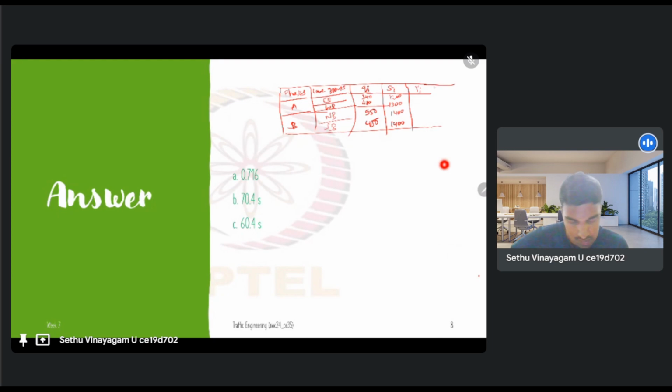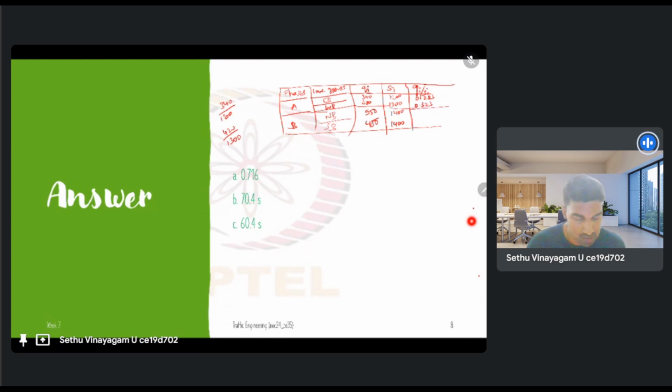Before YA, let's calculate the ratio QI by SA for each lane group. For the first one, 340 by 1200 comes out as 0.283. For westbound, 420 by 1300 is 0.323.